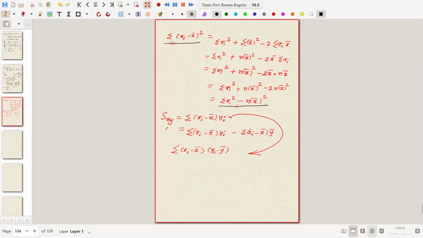As a summary, what we have done so far: W1 is Sxy by Sxx, an alternative form. W0 did not change; W0 is y bar minus x bar into W1. While solving problems, you only need to know these equations, nothing else. Sxx is sigma of xi minus x bar whole square.